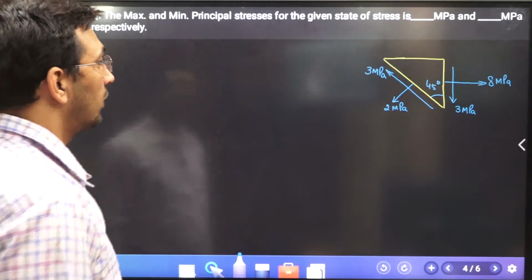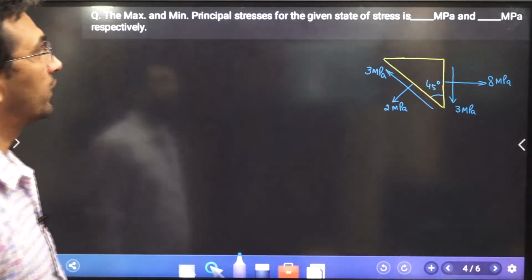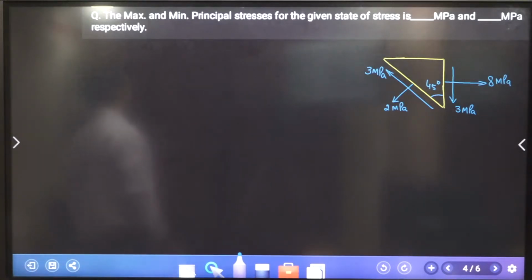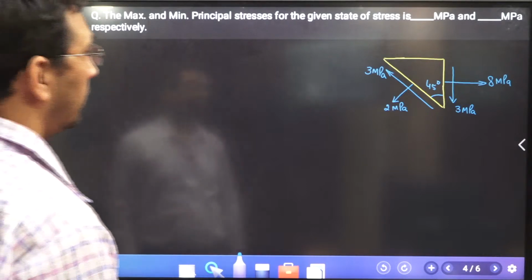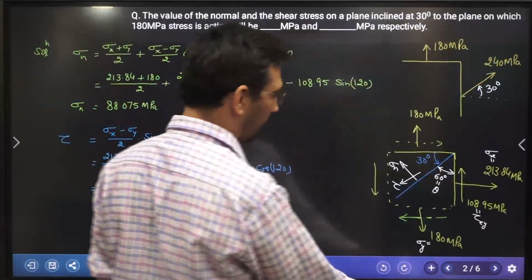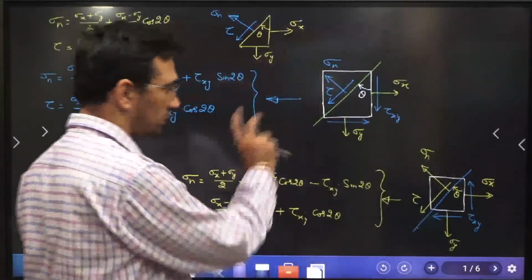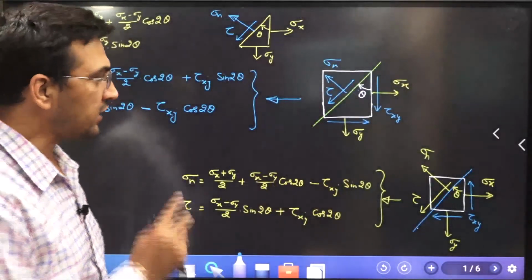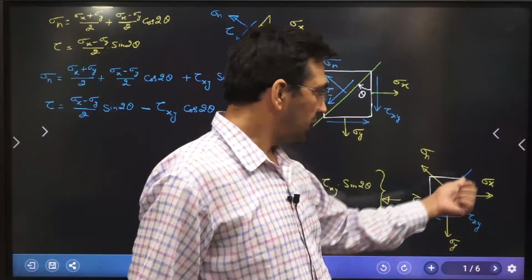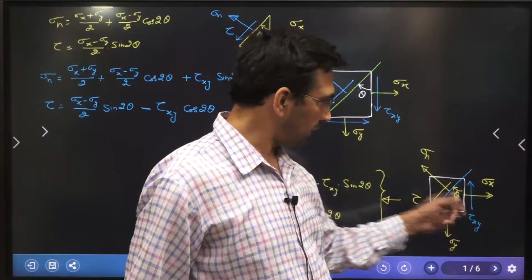So now again, you have to bring it to your own configuration. इसी configuration में लेके आना है आपने. You have to bring it to this whole configuration. इस configuration में लाने का मतलब नहीं है exactly यही नहीं है. मतलब ये है कि you should have the inclined plane.